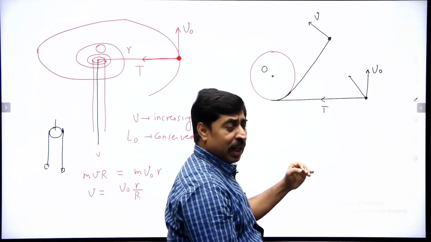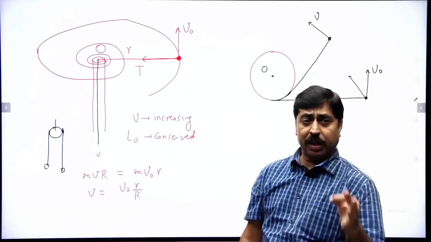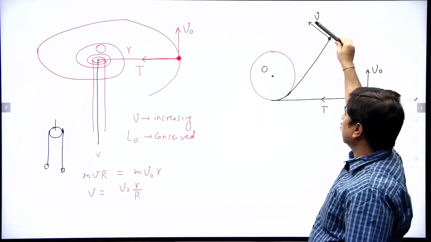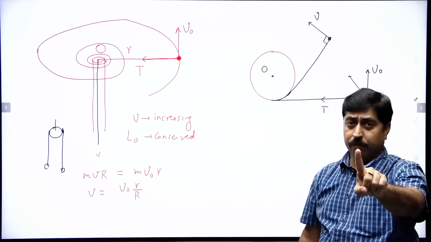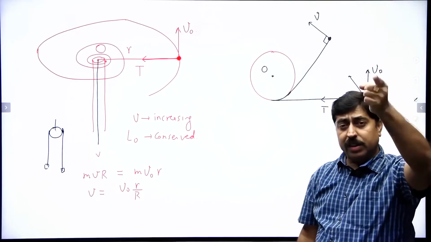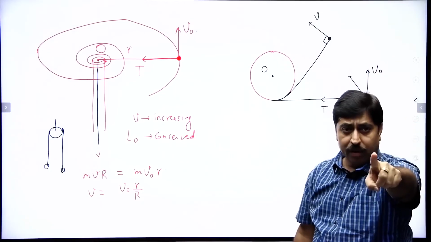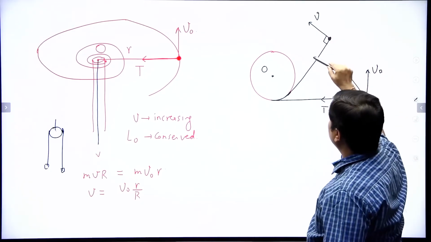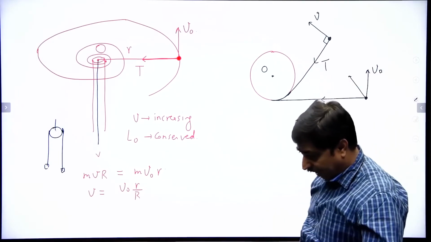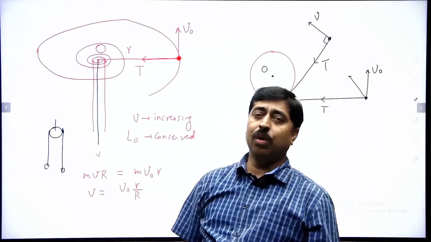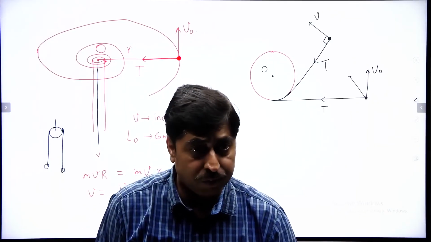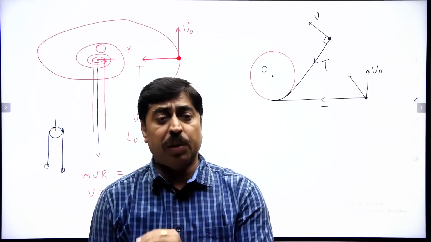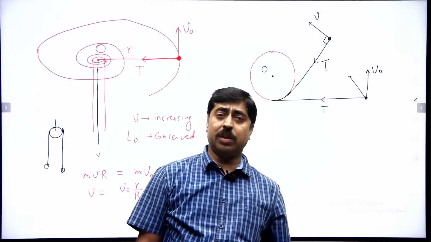So, it simply means that at any instant of time, the velocity of the particle will stay perpendicular to the string. And if the velocity is perpendicular to the string always, then the tension force has no power, it is not doing any work. So, power of the tension force is 0, work done by tension force is 0.